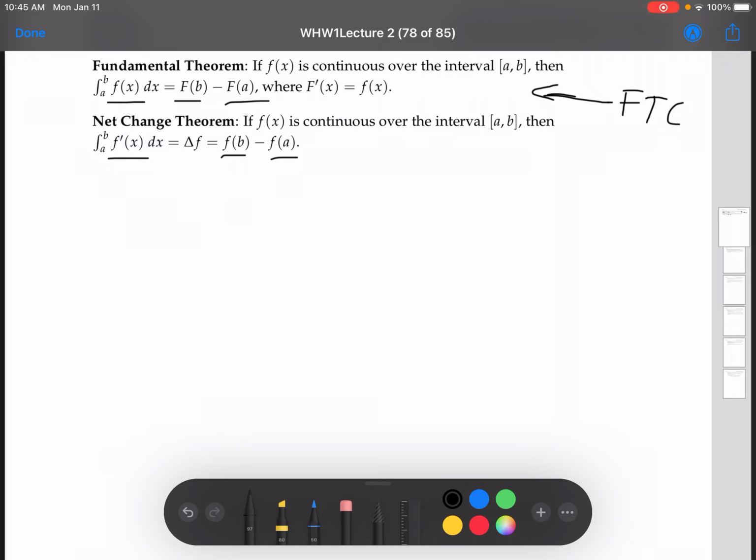Now, if you took Calc 1 at Boise State, then you've seen this symbol before. The change in f just means another notation for this. This is the change in f. All right, so that's the first point I need to make.